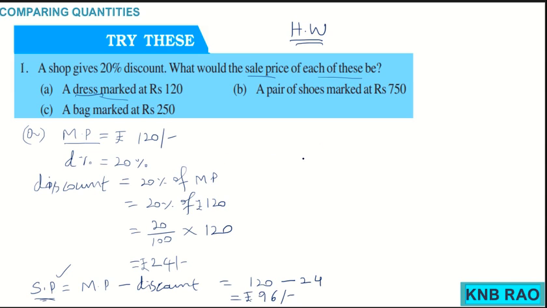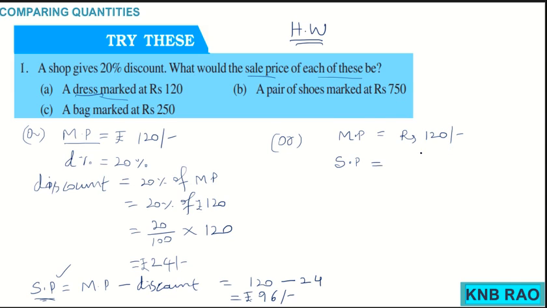Children, we can solve the same question in another way. Let me explain. Market price is 120 rupees. Now, whenever you are calculating sale price, we can apply the unitary method.